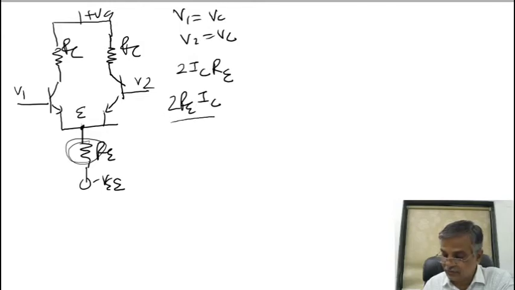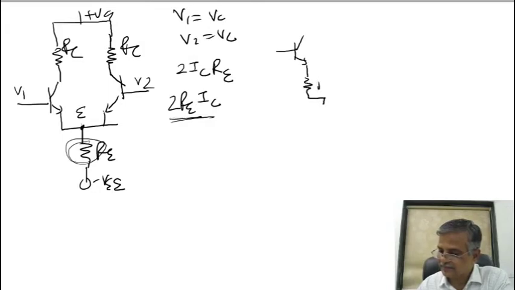If I write this equation, if this is replaced by 2RE, then look here, I am replacing this by 2RE, then it becomes very easy to draw the equivalent circuit for the single-ended transistor.